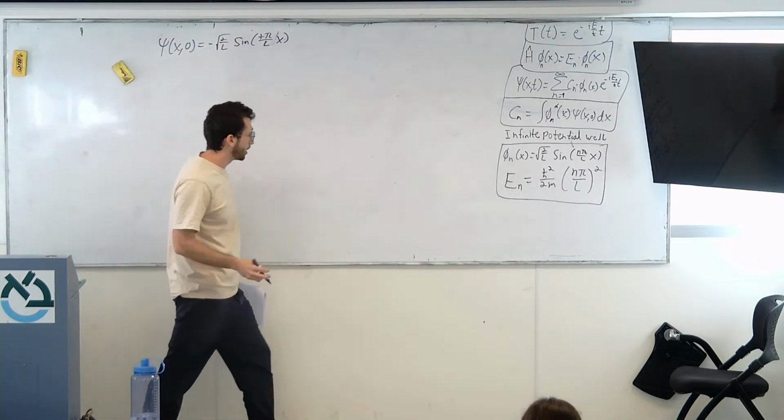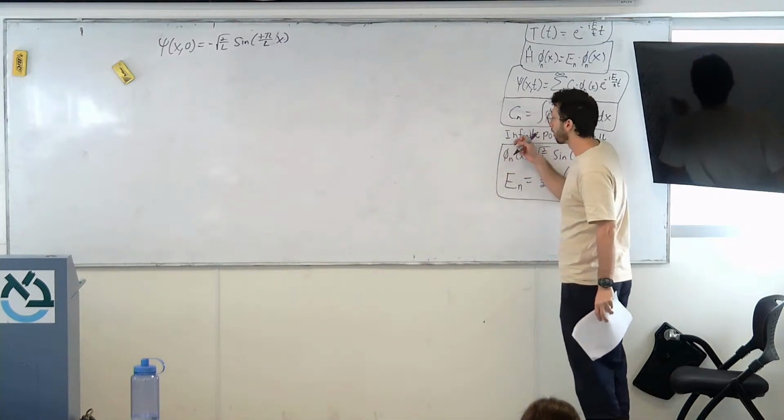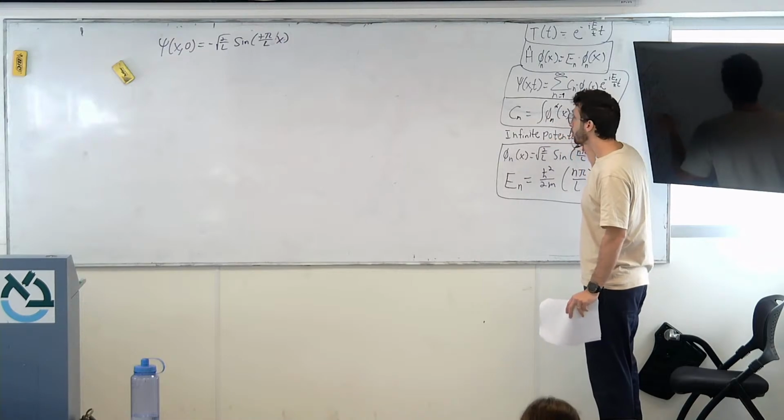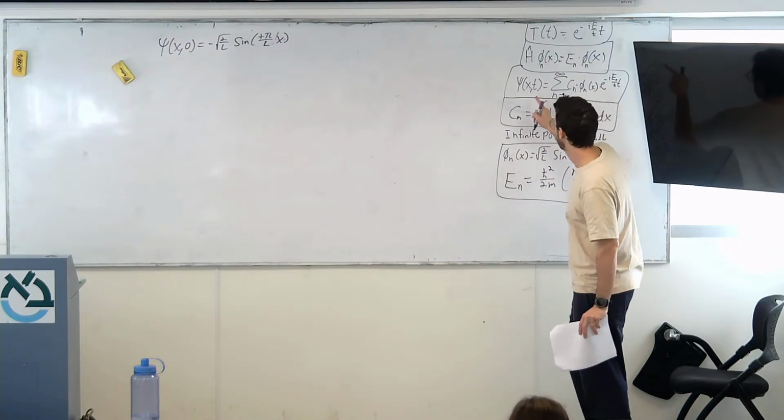Okay, this is actually very easy. So we can solve for Cn and find all the coefficients, but we actually can also write psi of x and t.